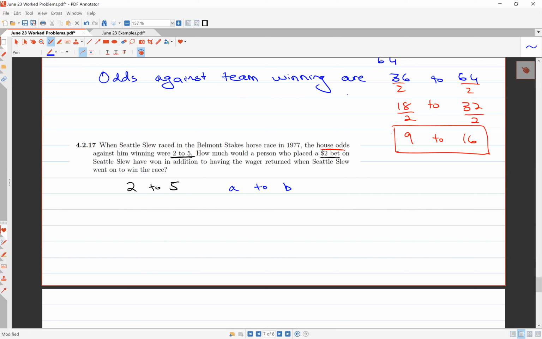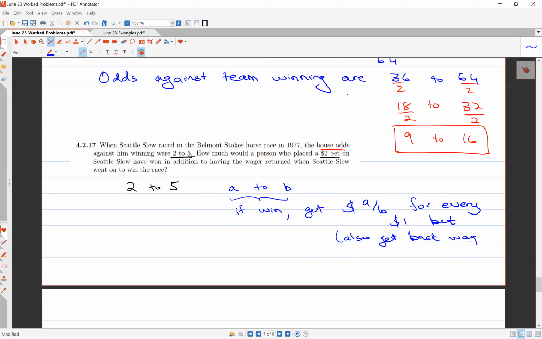Now, if you place a bet on something with odds against A to B, if the horse or the event that you're betting on wins, you get A over B dollars for every $1 bet. And you also get back your original bet, your original amount wagered. But if you lose, you get nothing.